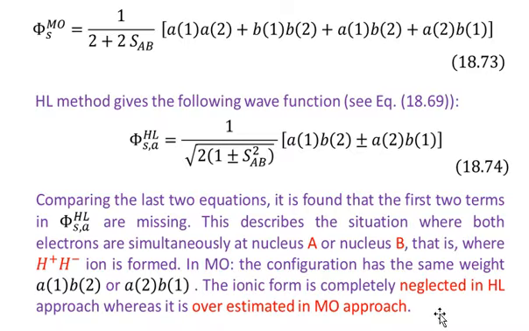So the ionic form is completely neglected in the Heitler-London approach, whereas it is overemphasized in the molecular orbital approach. So this is our finding when we are comparing the two wave functions, that is the wave function of the hydrogen molecule due to molecular orbital approach and due to the Heitler and London approach.